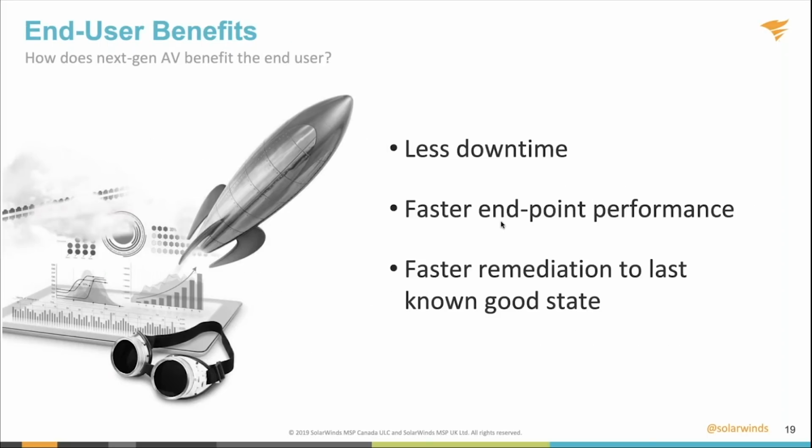So what are some of the end user benefits? So of course, less downtime for your customer. Sometimes this is hard to measure in customer productivity, end user productivity, but it is significant, so it's worth mentioning to the customer. Faster endpoint performance, because the next generation AV does not depend as much on frequent scans.